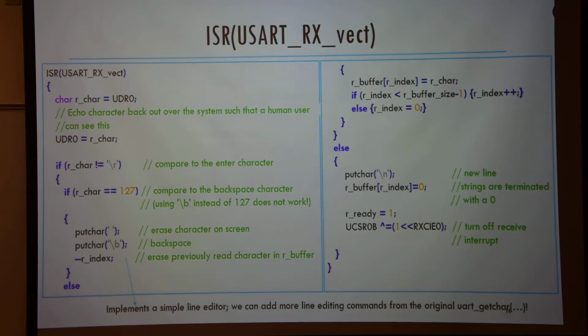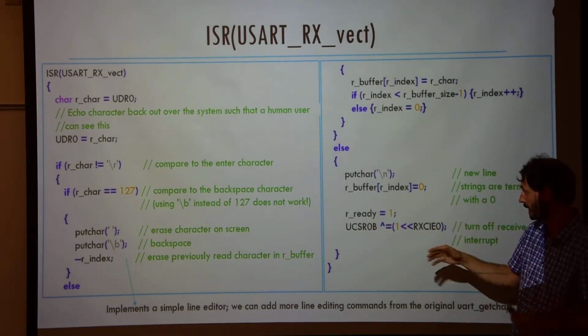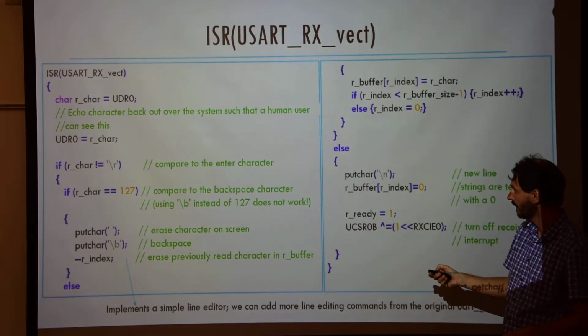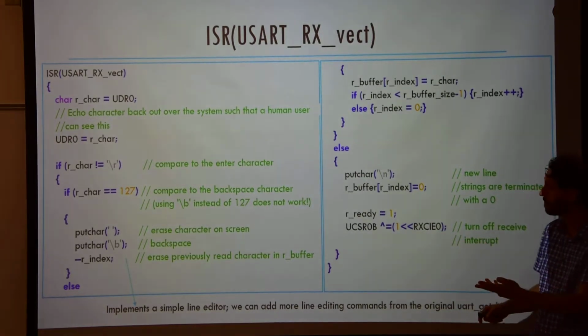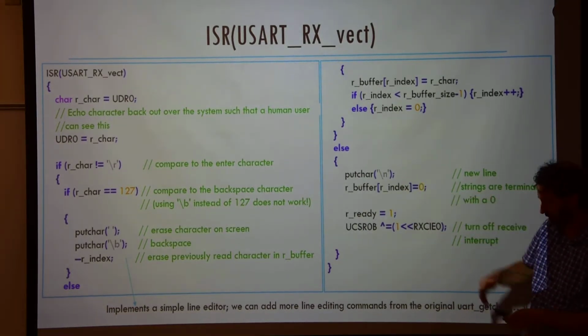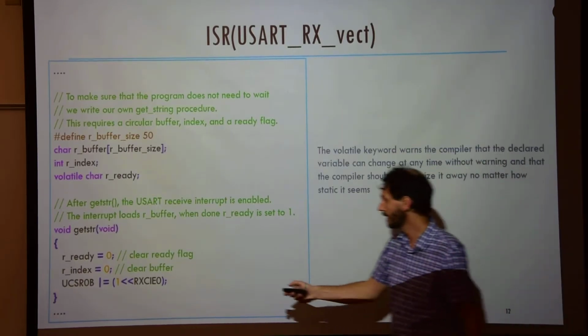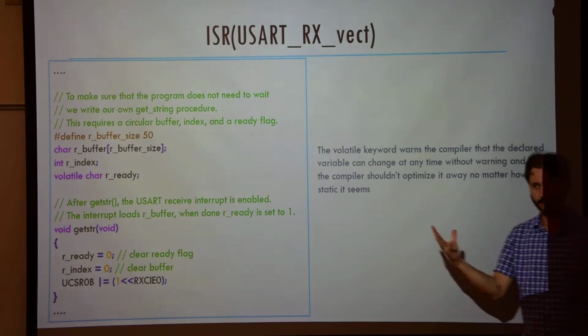So that's how these mechanisms work. Let me explain a little bit, just for you to visualize or to think about it. Notice that the interrupt enable is being manipulated in this interrupt service routine, and it's also manipulated in this getString over here. They are sort of nested, right?